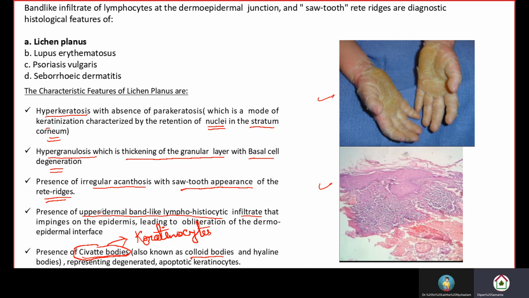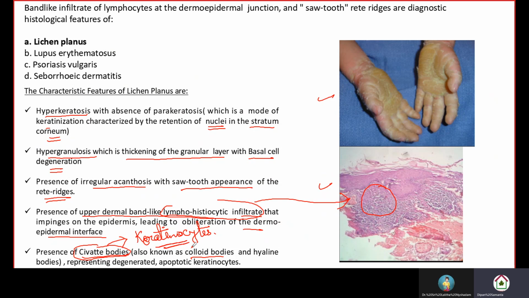And presence of an upper dermal band-like lymphohistiocytic infiltrate. This infiltrate impinges on the epidermis, leading to obliteration of the dermoepidermal interface, and the presence of Civatte bodies.